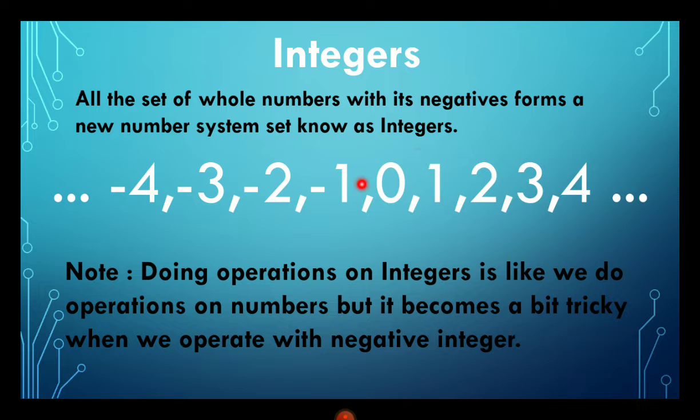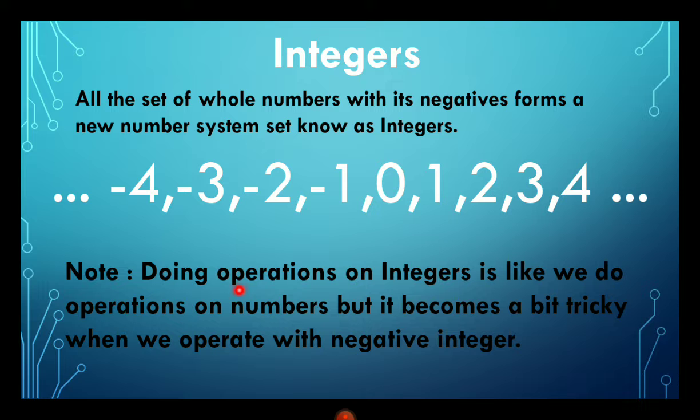But have you ever wondered what numbers come before 0 or smaller than 0? Those numbers are negatives of whole numbers. So -1, -2, -3, -4, and this whole set, all negative numbers, positive numbers and 0, becomes integers.